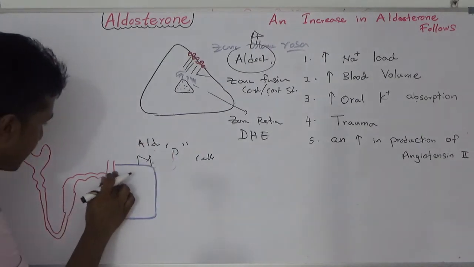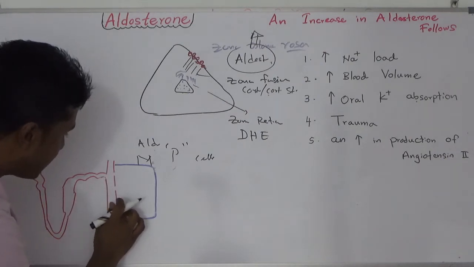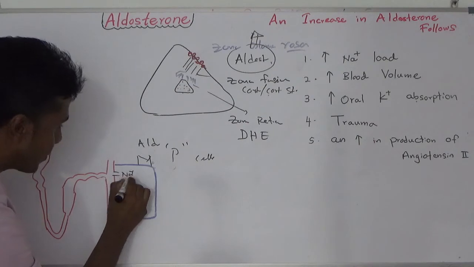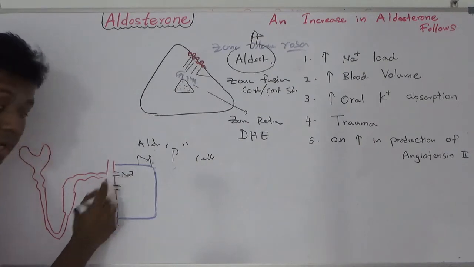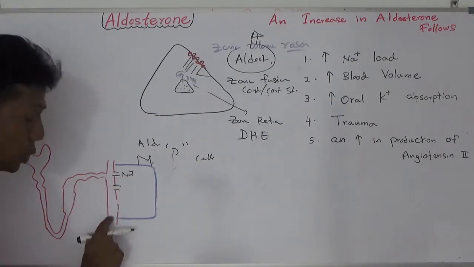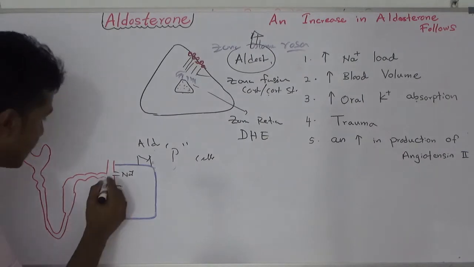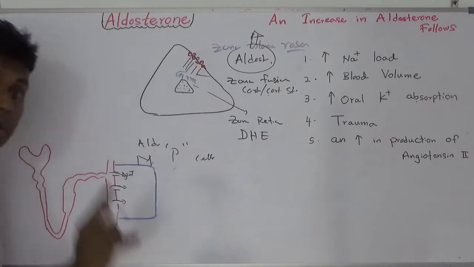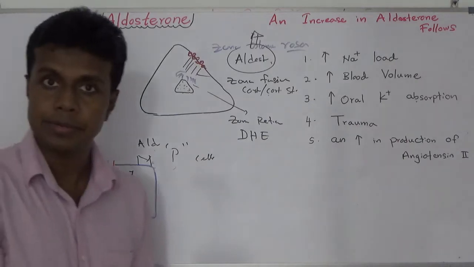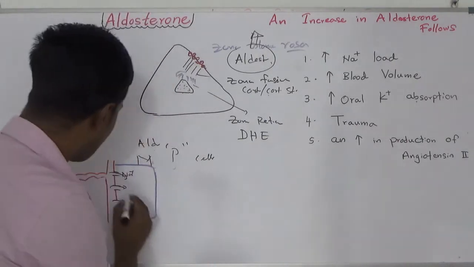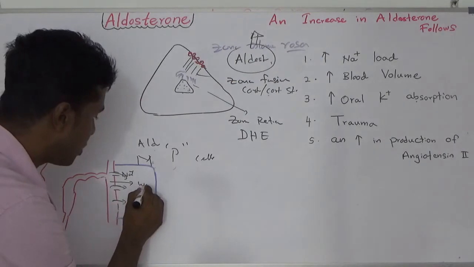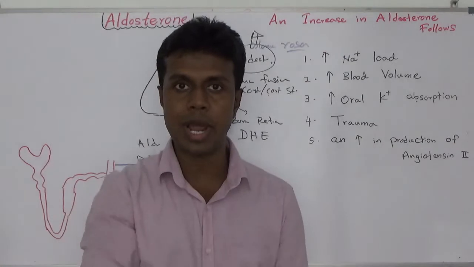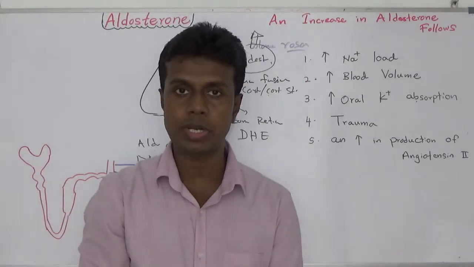So the P cell is going to produce the epithelial sodium channel in the luminal membrane. What happens then? Sodium is reabsorbed. With sodium, what happens? Water is also reabsorbed. So the main function of aldosterone is sodium and water retention.